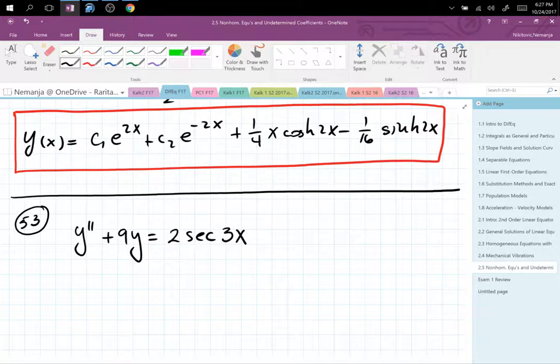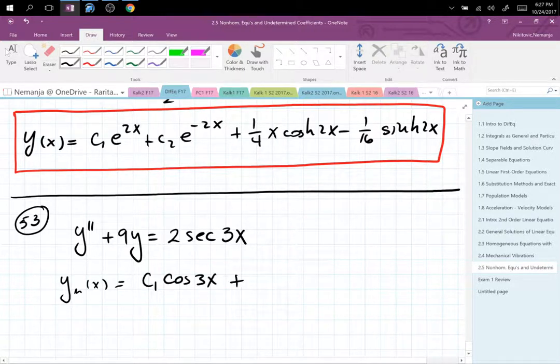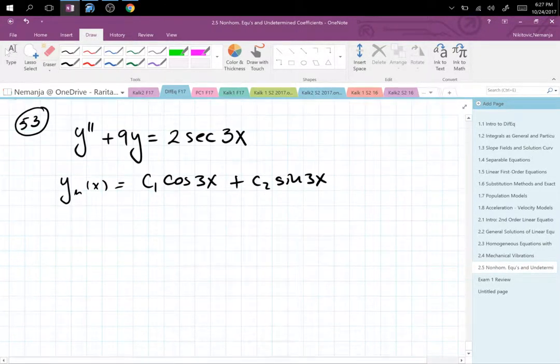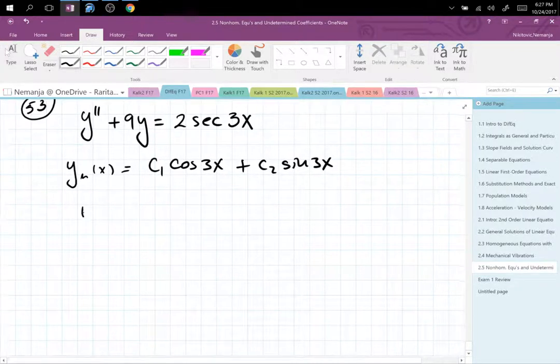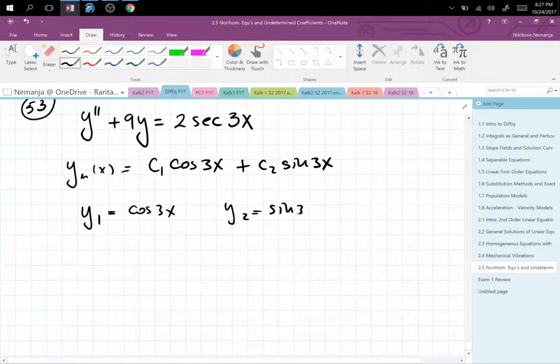All right, let's take a look. So we start with the first part. We immediately see that this is y homogeneous of x, and it's clearly c1 cosine 3x plus c2 sine 3x. We all got that part? Nice. The next part is to write that y1 is cosine 3x and y2 is sine 3x.